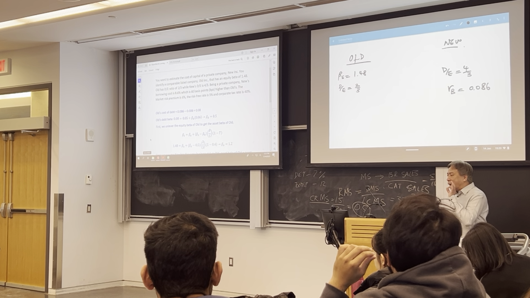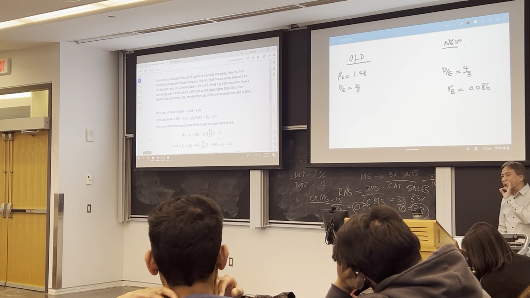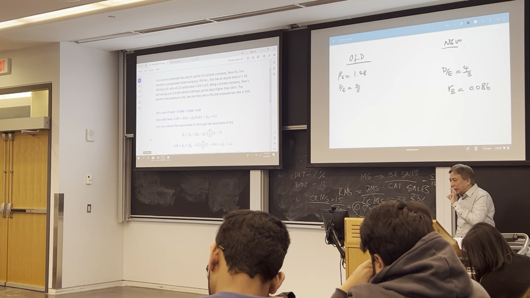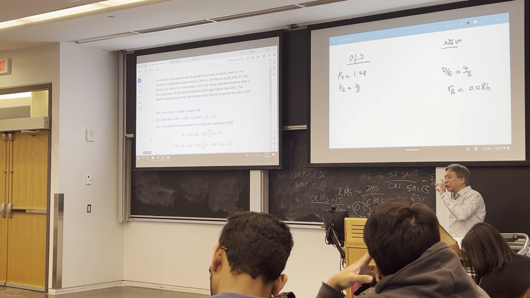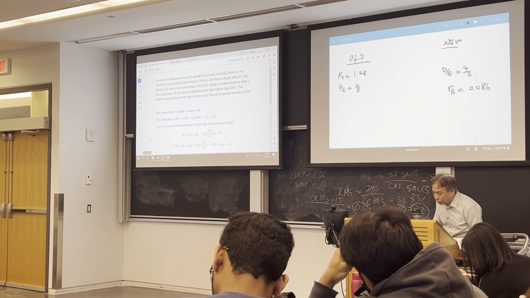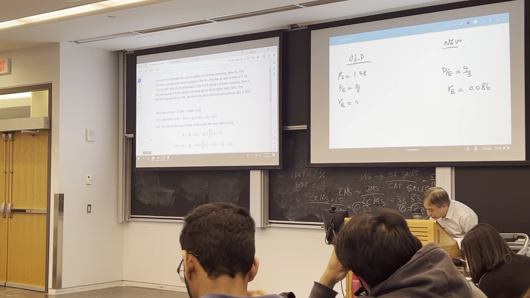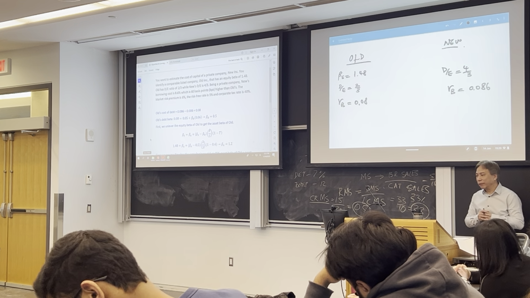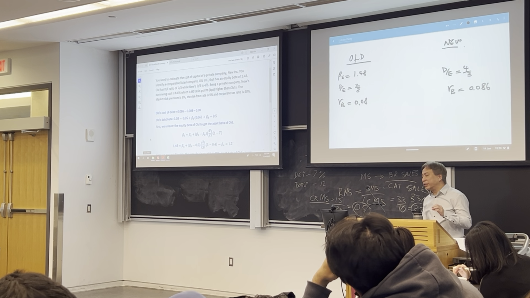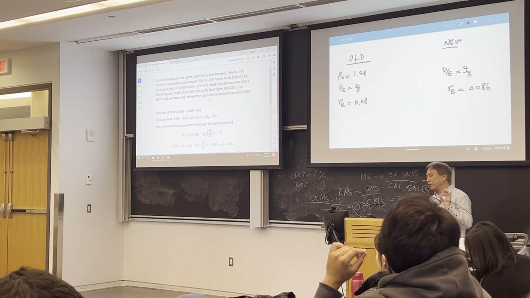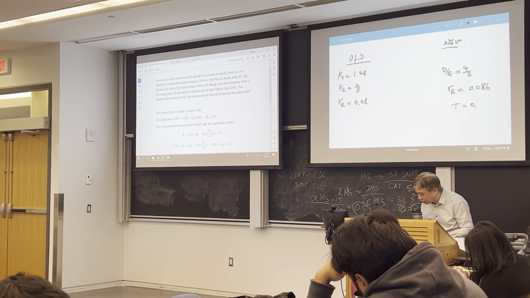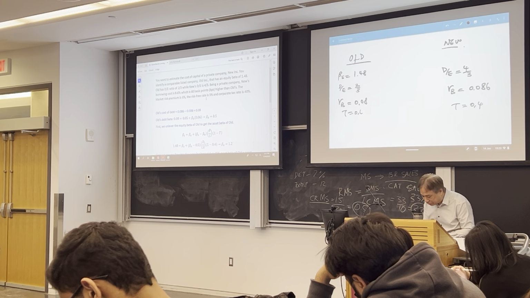So 60 basis points is 0.006, which means the cost of debt of O is 8%. This is the information we have. They also assume the market risk premium is 6%, the risk-free rate is 5%, and the corporate tax rate is 40%, the same for everyone.